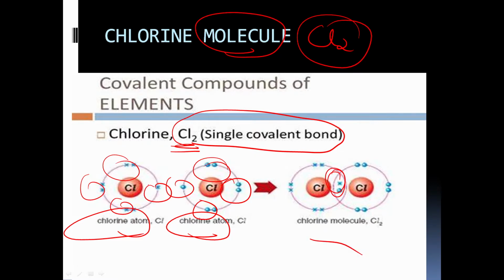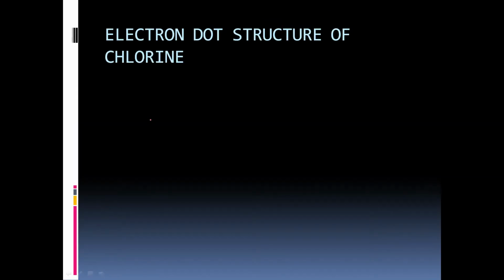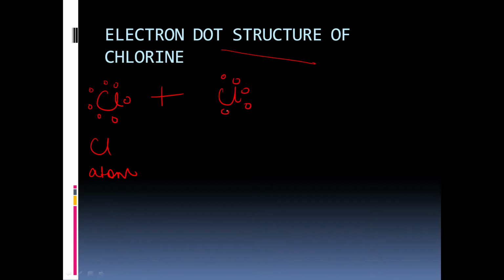I'll show you the electron structure, then you will be far more clear with the thing. So let's draw the electron dot structure. First chlorine atom: 2, 5, 6, 7. This is one chlorine atom, plus one more: 1, 2, 3, 4, 5, 6, 7.